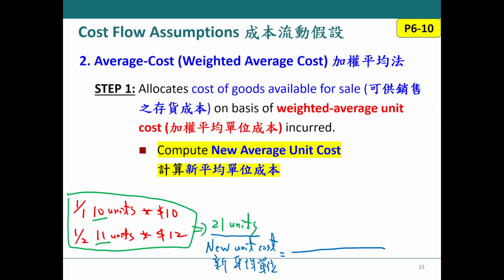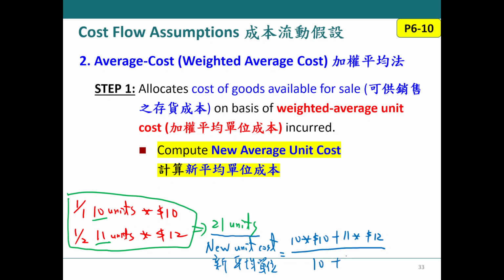加起来. How to 加起来? 10 units, each one $10, right? So 10 units, each one $10 plus 11 units, each one $12, divided by your total units, right?